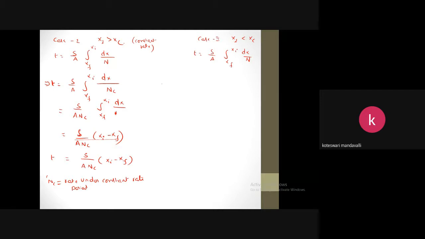So if I want to calculate like this, now I can divide these limits as two limits. That means, see, I can put some term xc, up to xc.